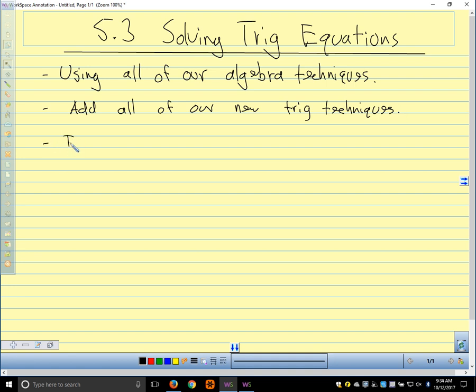In general, and this is like working with identities, it's not a hard and fast rule. It's not every single time you solve an equation you're going to do this kind of thing. But in general, we want to isolate the trig function(s) on one side of the equation.